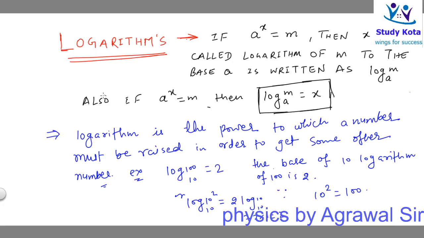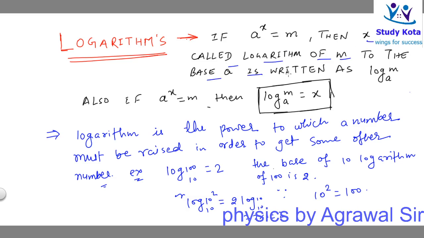So, today's topic is logarithm. In logarithm, we learn how to find the power of any number. What is the basic definition of logarithm? If a raised to x is equal to m, then x is called the logarithm of m to the base a.